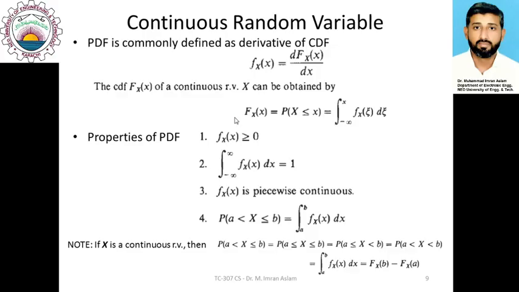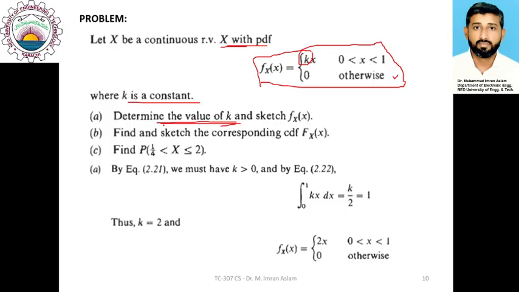So how can we calculate the value of k? We know from our standard properties that if we integrate the PDF over the entire range, the result of integration should come out to be 1. You can see that the integration should be performed from 0 to 1 because our random variable exists in the range between 0 and 1.